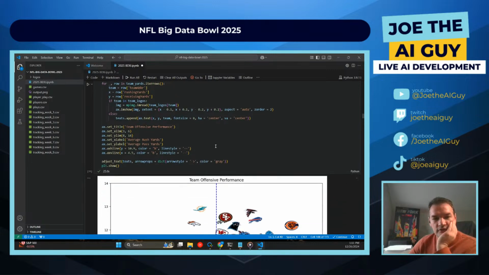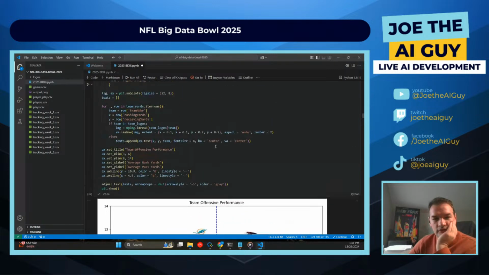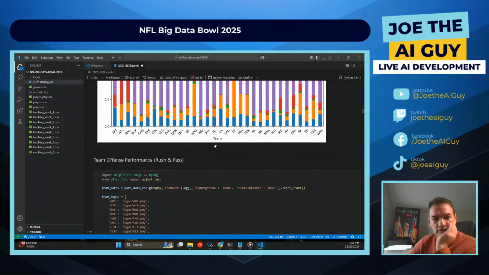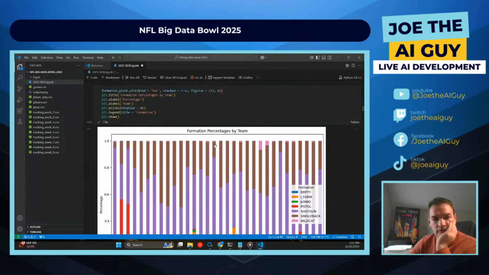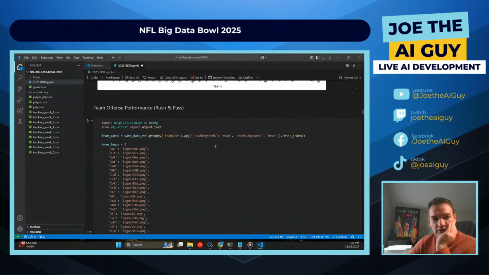So what do I got here? I got bar plot. I want a bar.